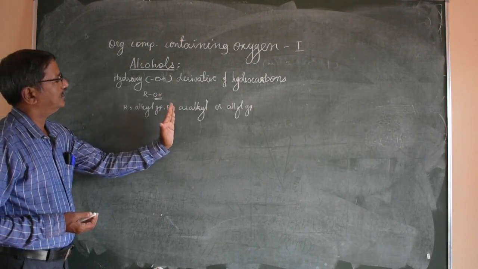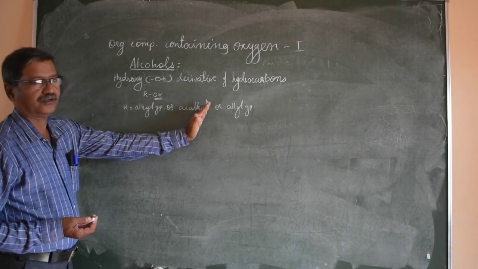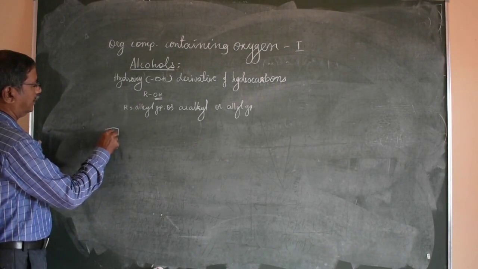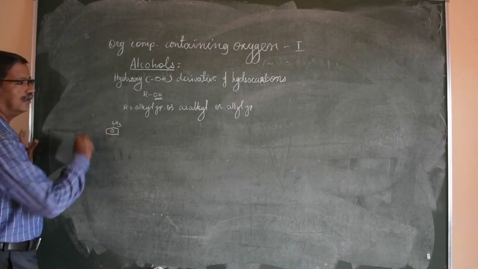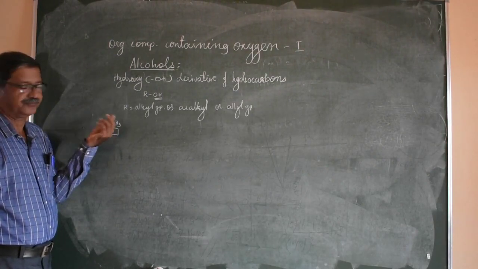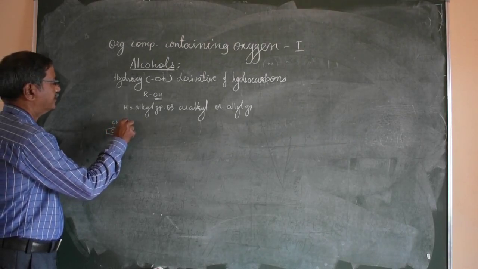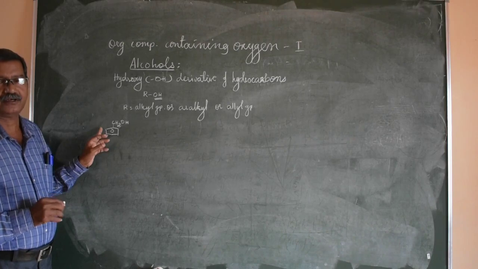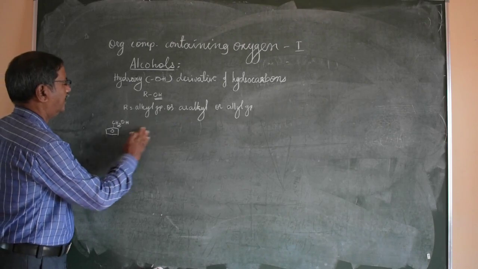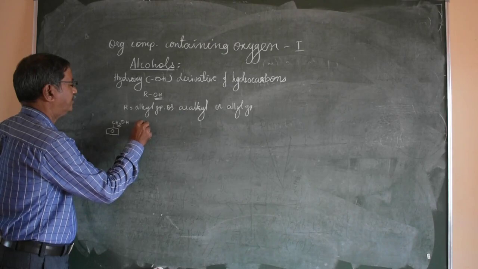So, to the aromatic ring or benzene ring we have an alkyl group, for example toluene, an arene with alkyl CH3. If we substitute one hydrogen atom of that CH3 by OH, it is called an alcohol, benzyl alcohol.